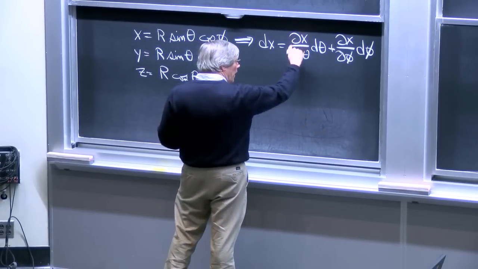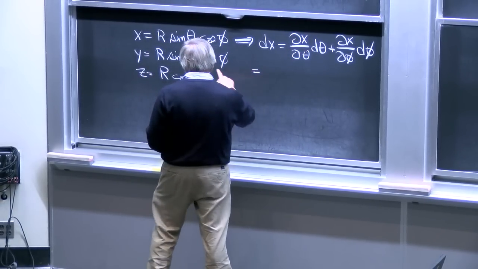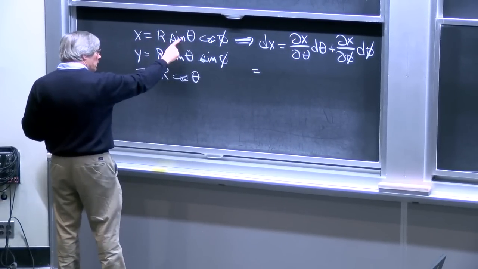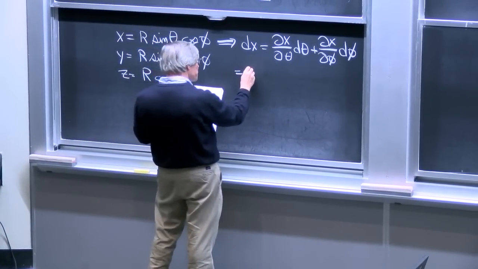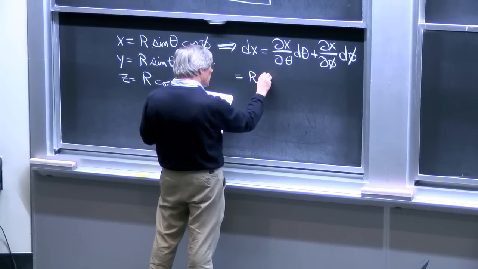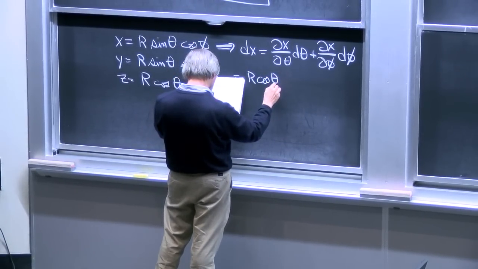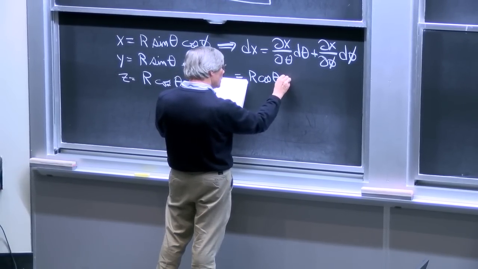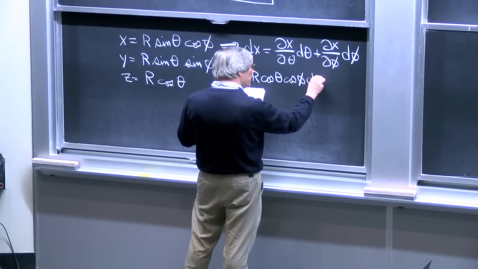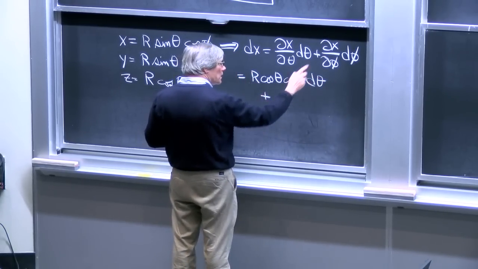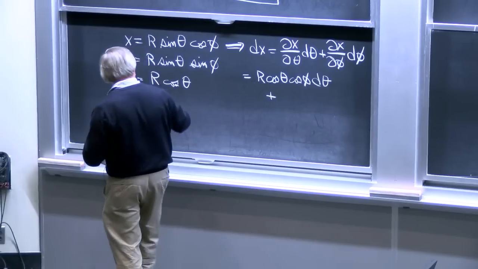And one can work out what these partial derivatives are. If I differentiate this with respect to theta, the sine theta turns into cosine theta. So the first term becomes r cosine theta cosine phi d theta. And then plus, from here, we have the partial of x with respect to phi.